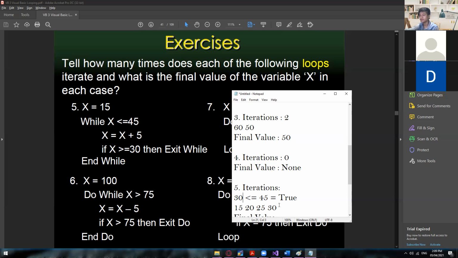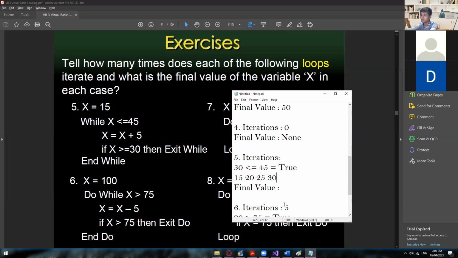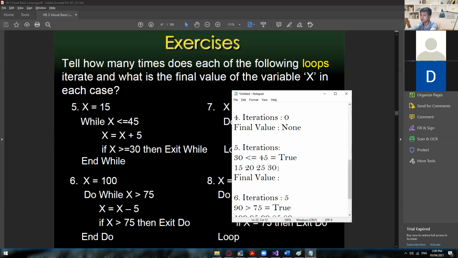Oh, my bad, it's correct. So as you can see, we have reached 30, wherein 30 is already equal to 30. Then it will exit the while already. So our final value is 30, and it iterates 4 times. Final value is 30.